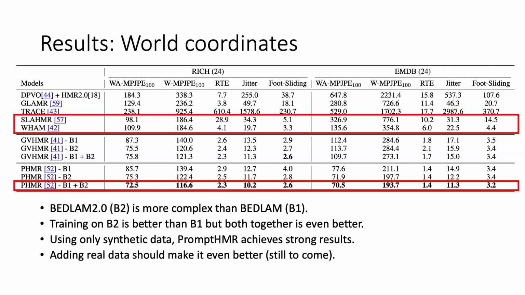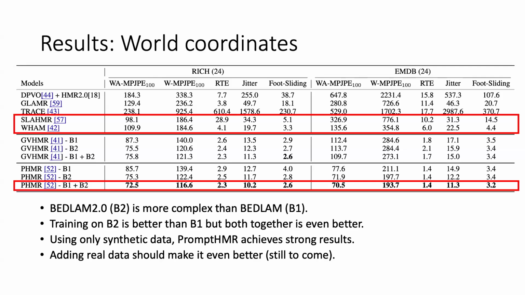Does it work? So it does, and we're still evaluating it. The take-home message is that Bedlam 2 is much more complex than Bedlam 1. I'm showing you results on various metrics of estimating human motion in world coordinates.